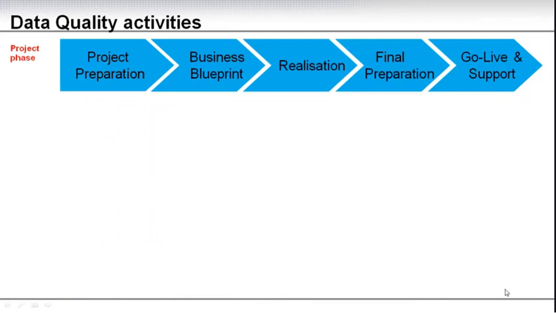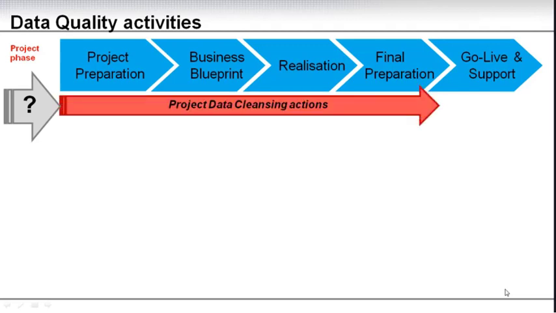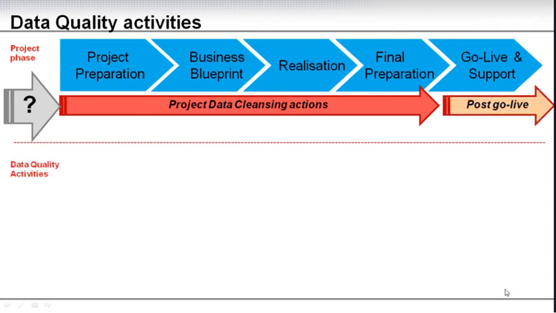So we'll keep the project phases, which is our guideline through many of these trainings, and then we will try to plot in what is the situation before. We might not know, as the question mark here indicates. What are the actions that we are going to take as a project, and what are the post-go live actions that need to continue. So naturally, the most critical and the focus of you as the project manager should be during the project.